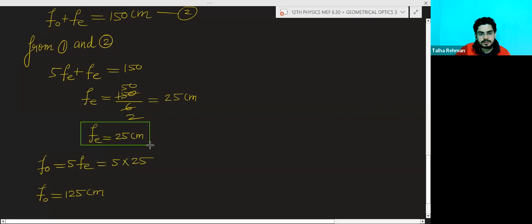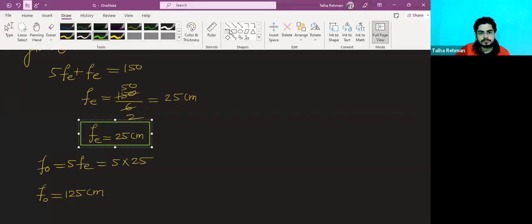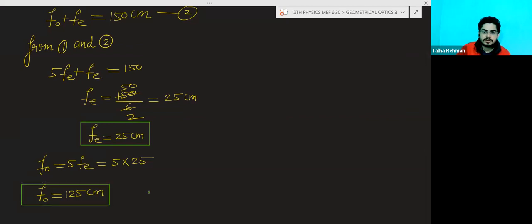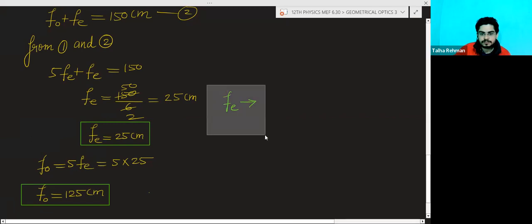So this is FE, this is FO. What is FE and FO? FE is the focal length of eyepiece.